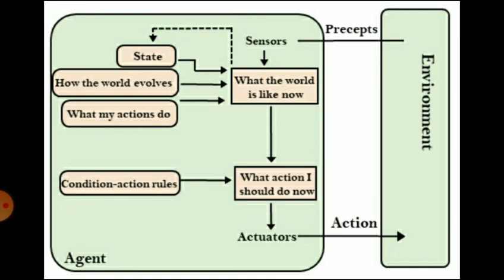You can see the block diagram carefully. At the bottom you can see what action I should do, that will be according to the condition action rule. If this, then this, and then actuators take the action. So this is called the model based reflex agent. So it will be the knowledge base.